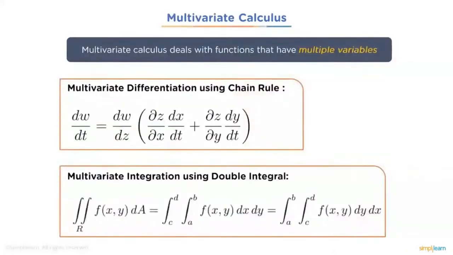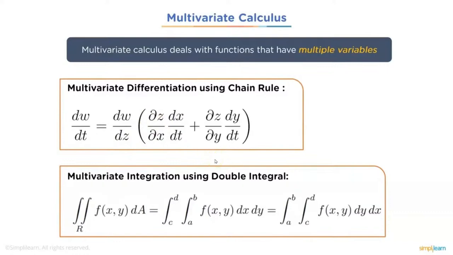So when we talk about multivariate calculus, it deals with functions that have multiple variables. And you can see here we start getting into some very complicated equations. The change in w over the change in time equals the change in w over the change in z, the differential of z to dx, the differential of x to dt.